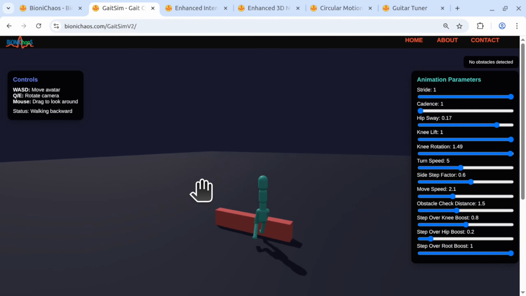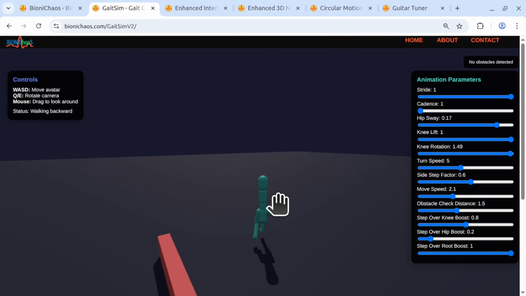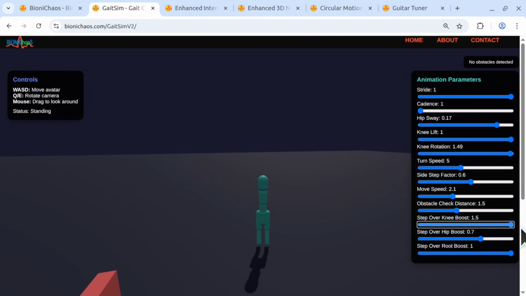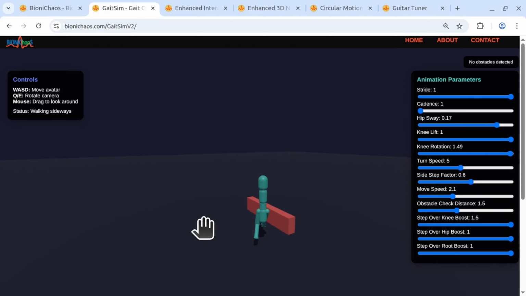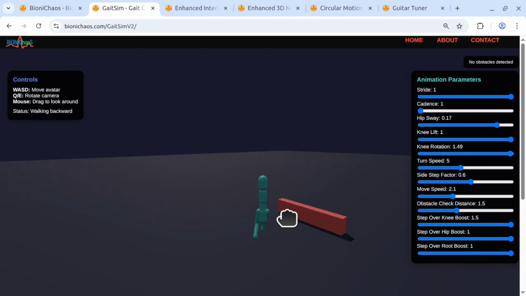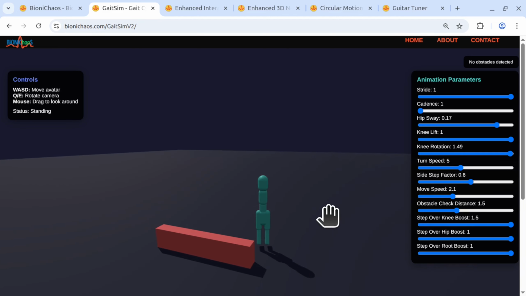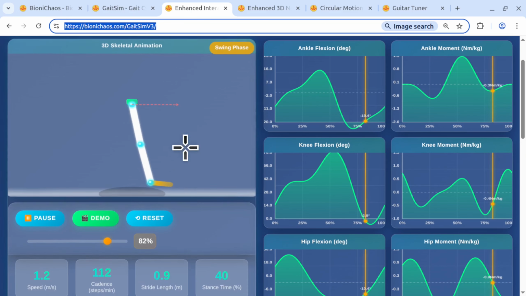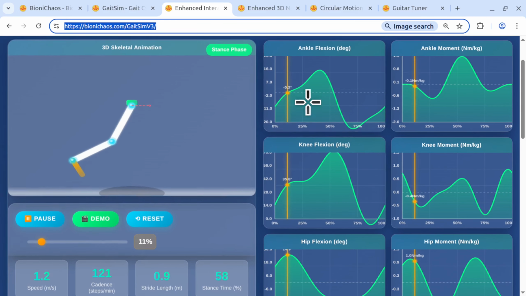Then it might be able to. Let's actually increase this. It's the step over stuff, right? So it was actually able to. Yeah. Anyway, so we have this one here.